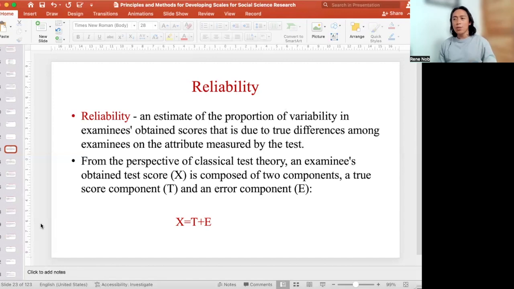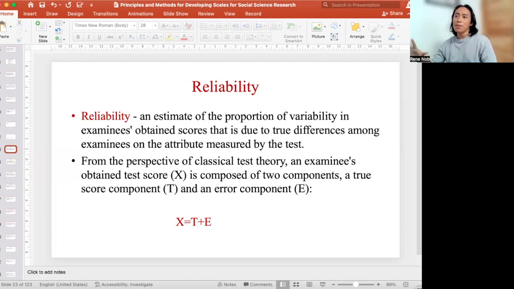But in order to do so, we have to consider what a score really contains. Imagine yourself taking a test. You're answering one of these scales. You are reading the stem statements, you are reading your options, the response set, and then you decide to select a particular response among the options.